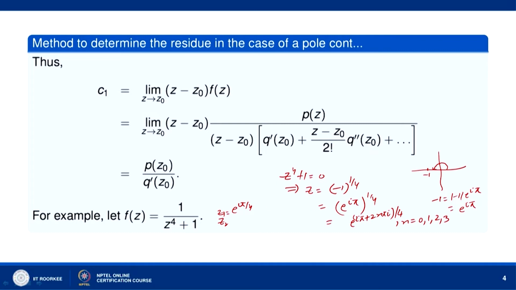Now z2 is e to the power 3 i pi by 4, which you get by putting n equal to 1. When you put n equal to 2, you get z3, which is e to the power 5 i pi by 4, and then z4 equal to e to the power 7 i pi by 4, which you get by putting n equal to 3.